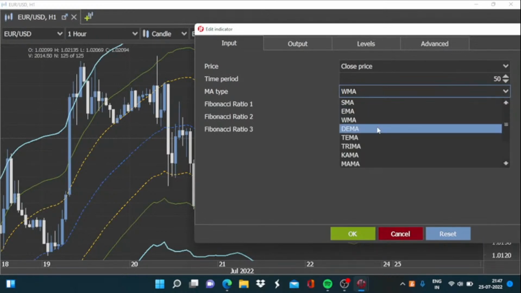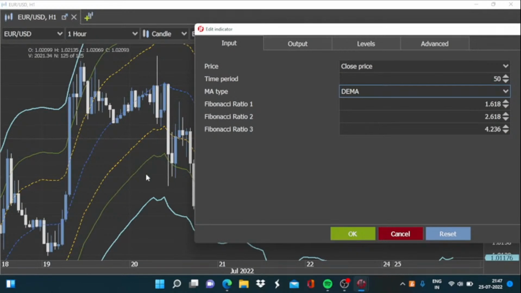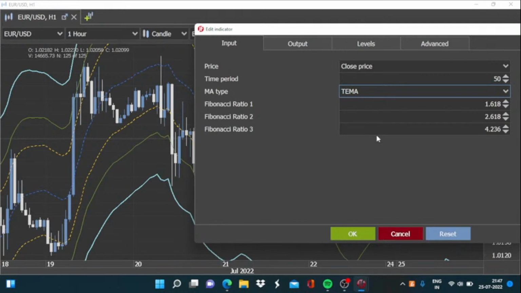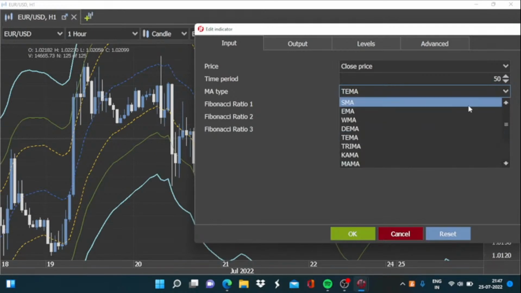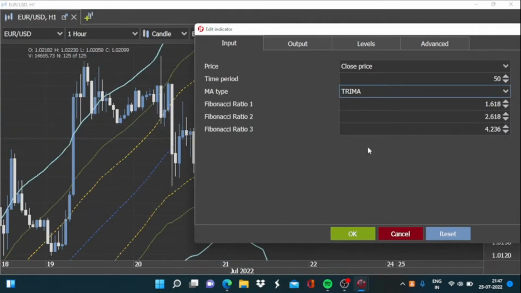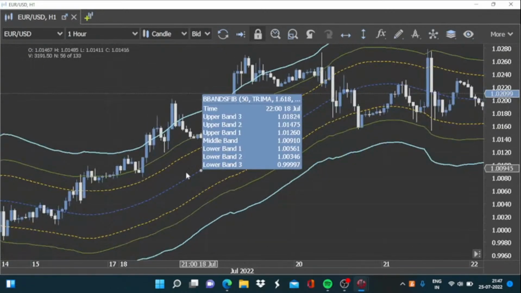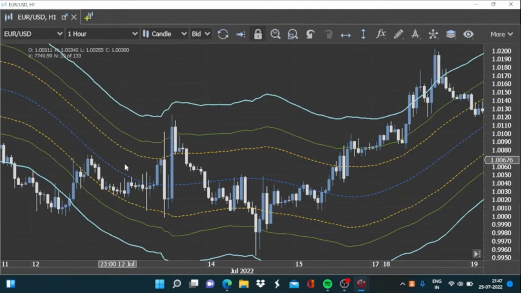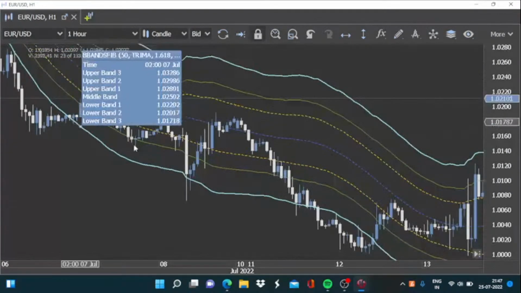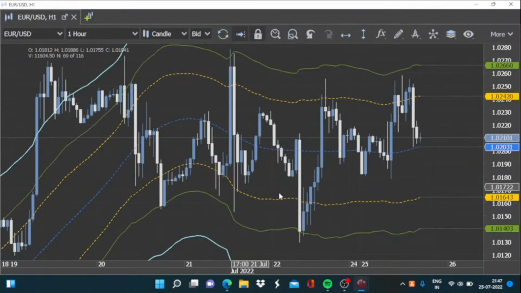If you want to use double exponential moving average, it has now become a lot more responsive. TMA is again showing responsiveness. Trima is a lot smoother. So here, because of the smoothing of the moving average, we have these bands also looking a lot smoother in comparison to other moving averages.